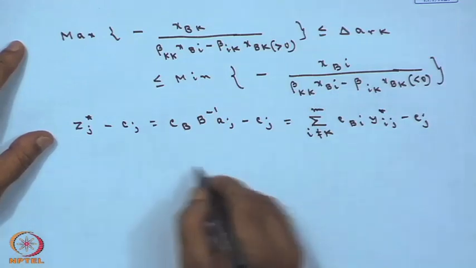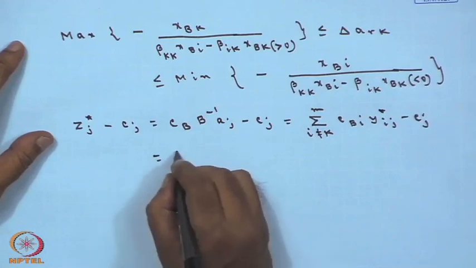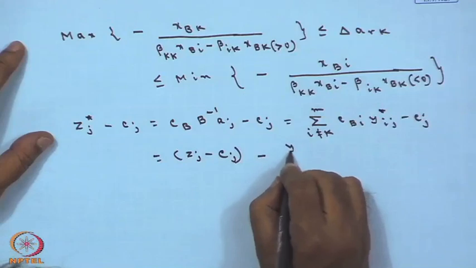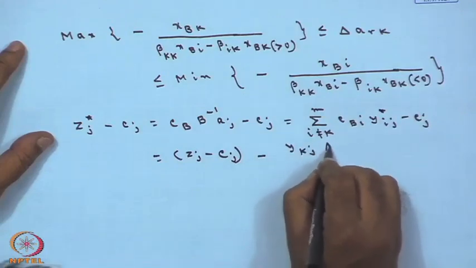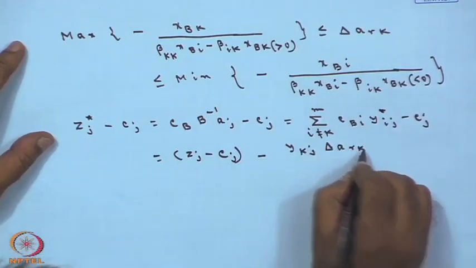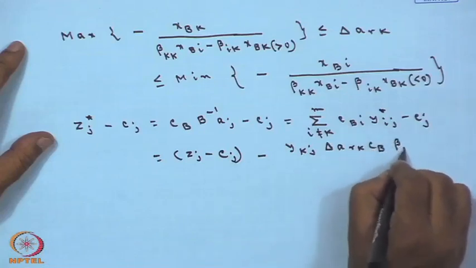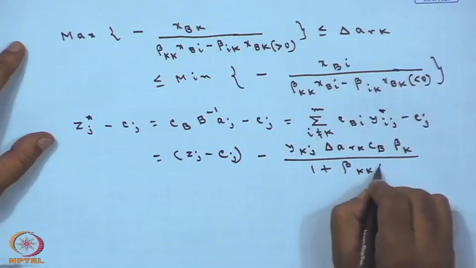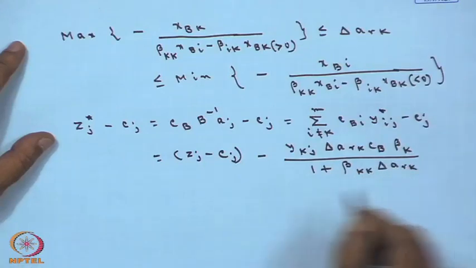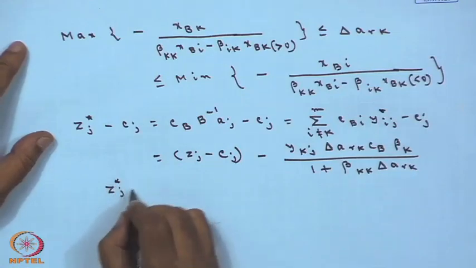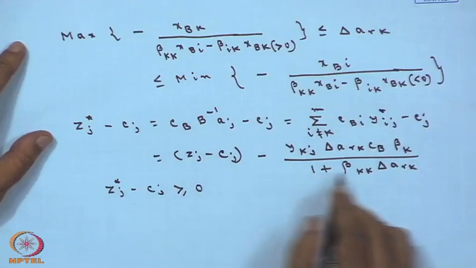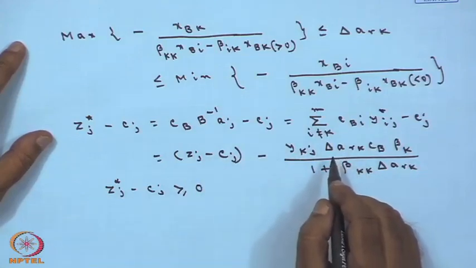Directly you can write Zj minus Cj star; ultimately it will become Zj minus Cj minus Ykj into delta Ark Cb into beta k divided by 1 plus beta kk into delta Ark. For optimality, your condition is Zj minus Cj should be greater than or equal to 0, so this value should be greater than or equal to 0. Here you will get one denominator again.